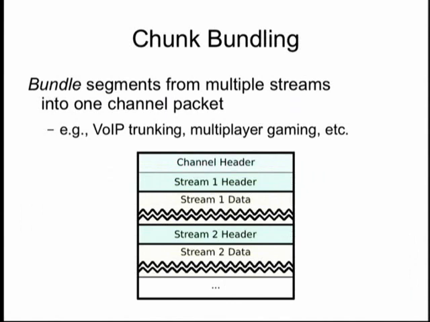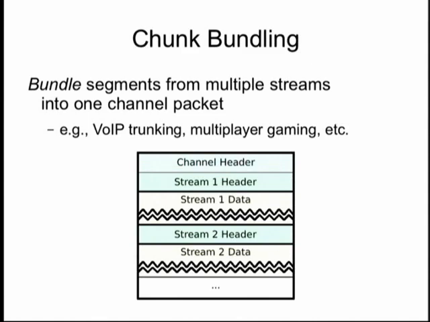Another one, which I've already gotten vociferous demand for from certain people in the community, is what SCTP calls chunk bundling: being able to bundle multiple small stream segments into one channel protocol packet in order to use the network more efficiently.